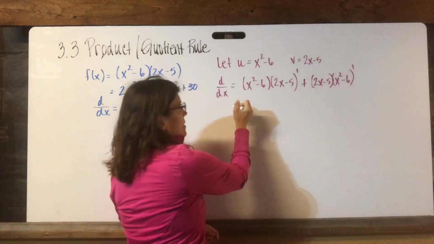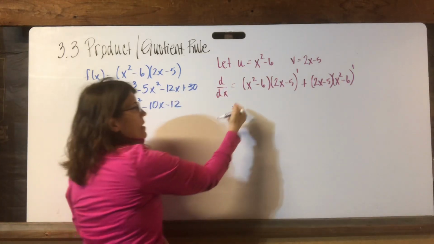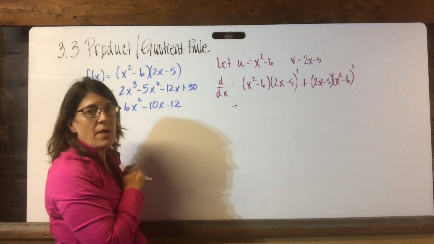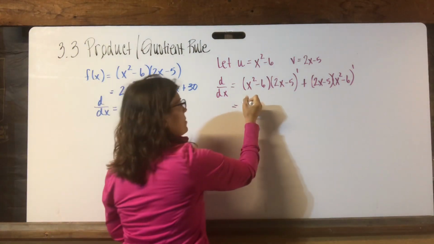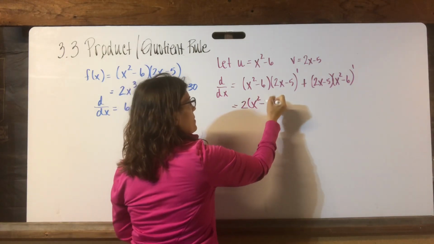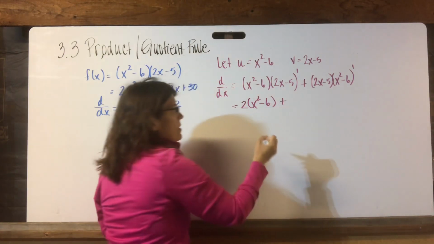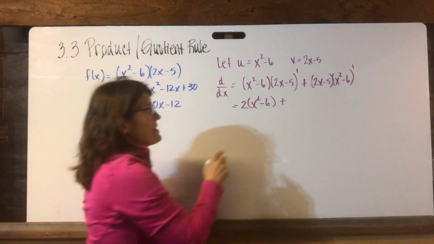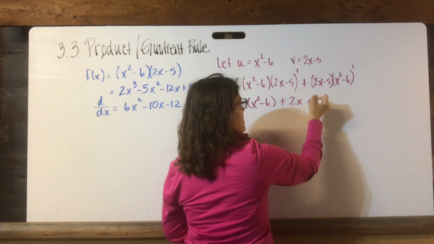Okay, so this becomes x squared minus 6. The derivative of 2x minus 5 is 2. The derivative of x squared minus 6 is 2x.